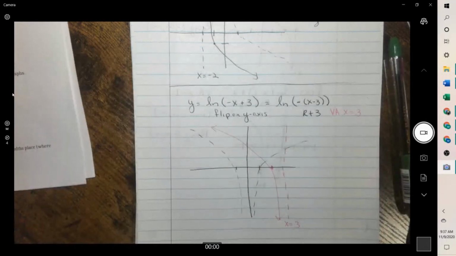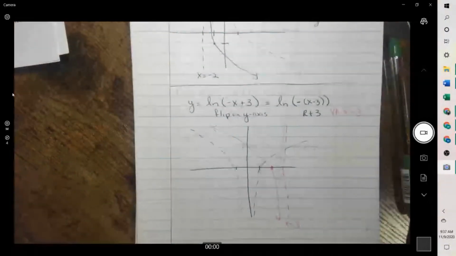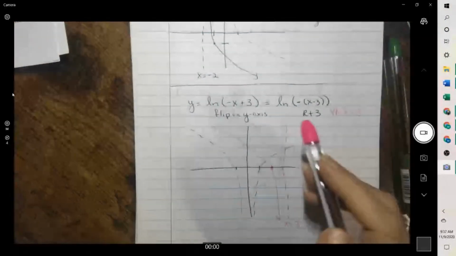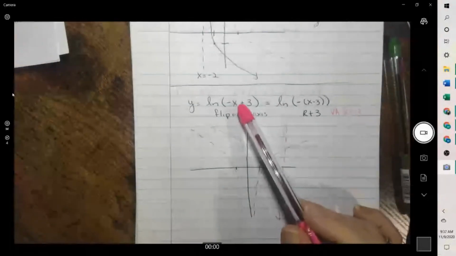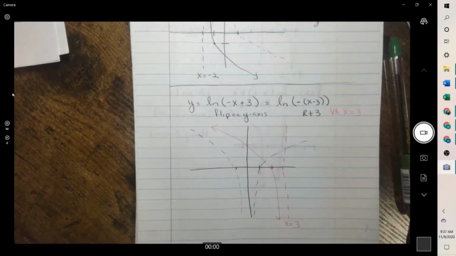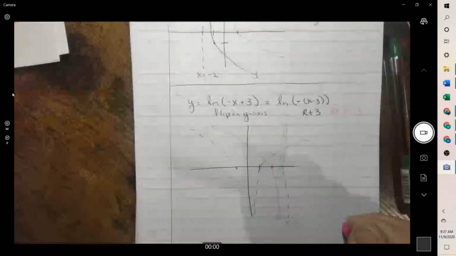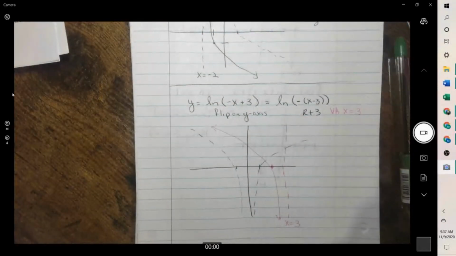I noticed on the exponential ones, she threw that negative in there like that. So I thought, well, maybe on the final she does it the opposite. So if it's on the inside, it flips on the y-axis. Any questions on that one?